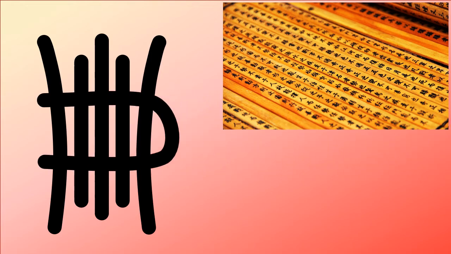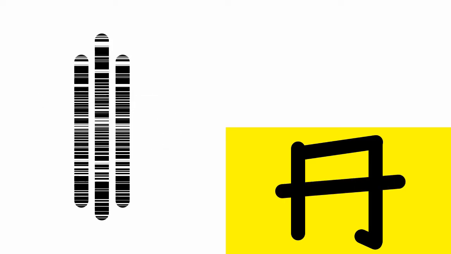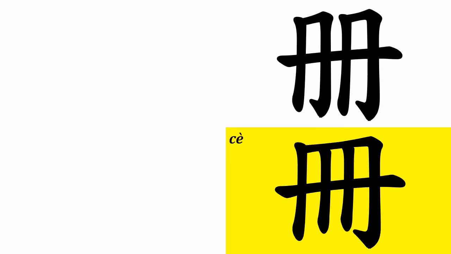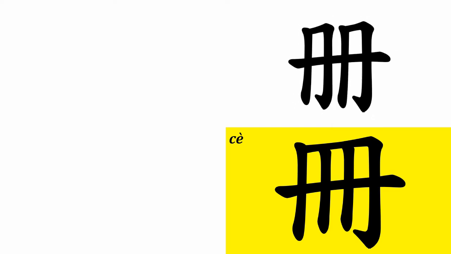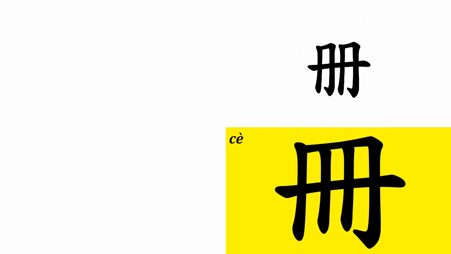The ninth character in today's lesson consists of a collection of bamboo strips bound together. Recall that ancient Chinese books were written on bamboo strips. This collection of strips is pronounced fourth tone, 册, 册, and means a book, record, or register.